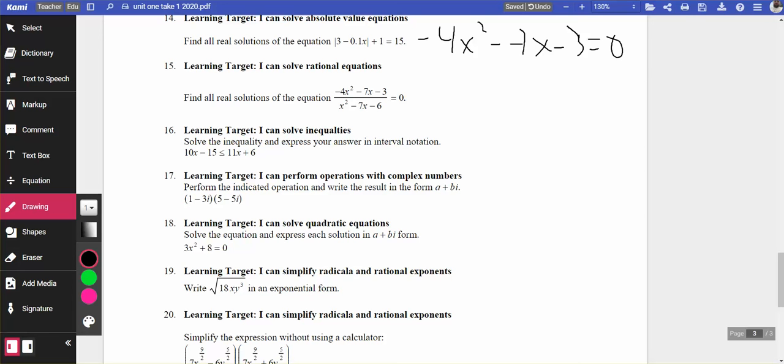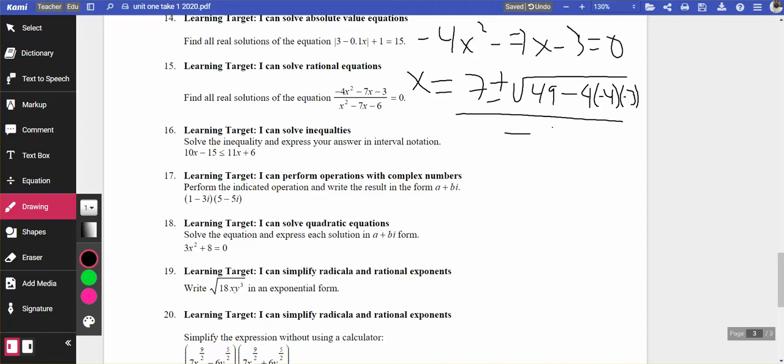And so you're going to have to do the quadratic formula or completing the square or something. So we do the quadratic formula: x equals negative b, so that's 7, plus or minus the square root of b squared, which is 49, minus 4ac, all over negative 8.